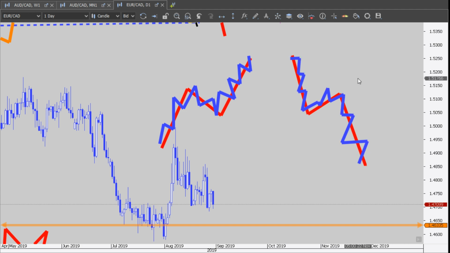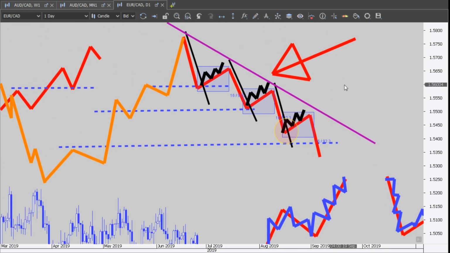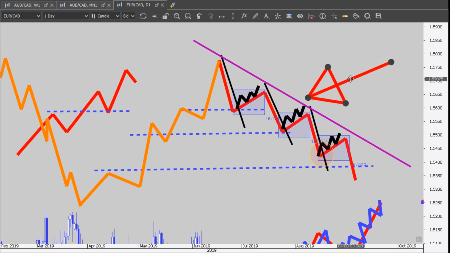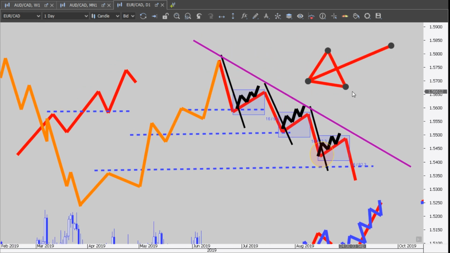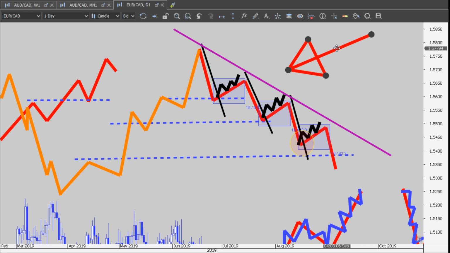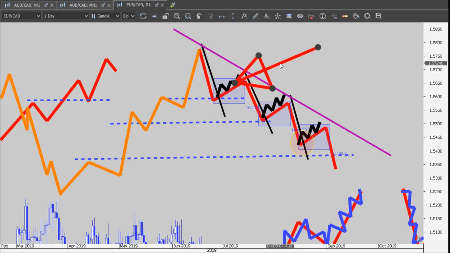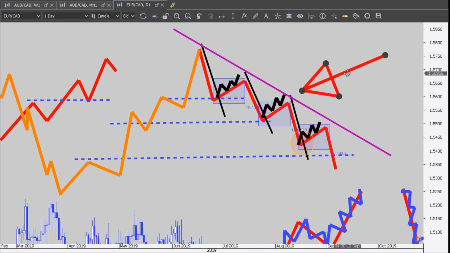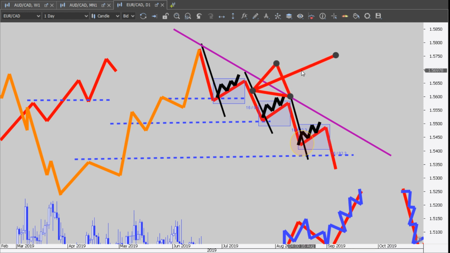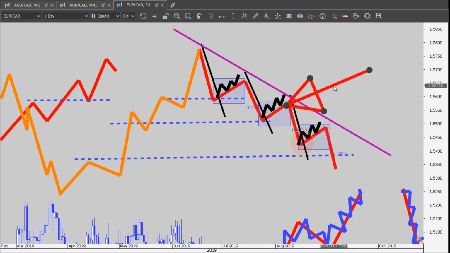You have all this knowledge already. Tell me which one is going to have a greater chance of success. I'm talking about pure probability. It's better to trade extensions in a downtrend, or it's better, and when I say better, it's high probability, or it's better to trade retracements in a downtrend.